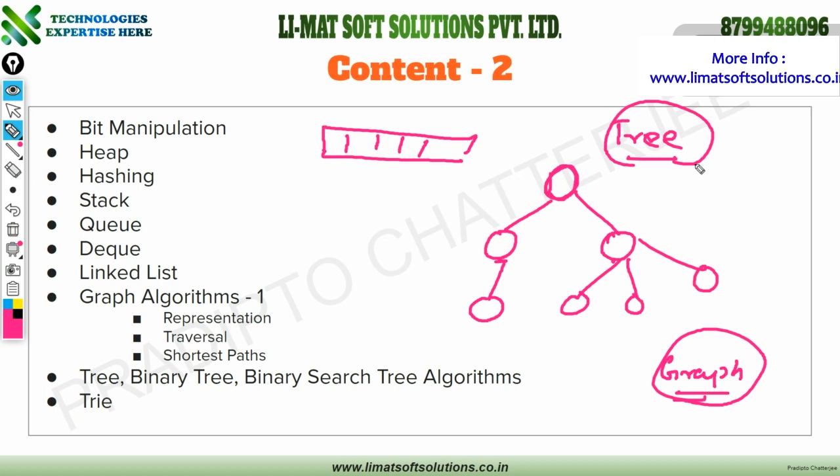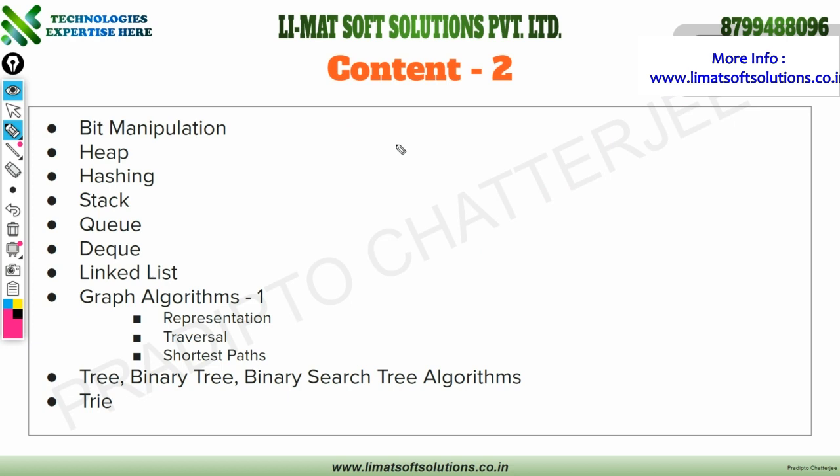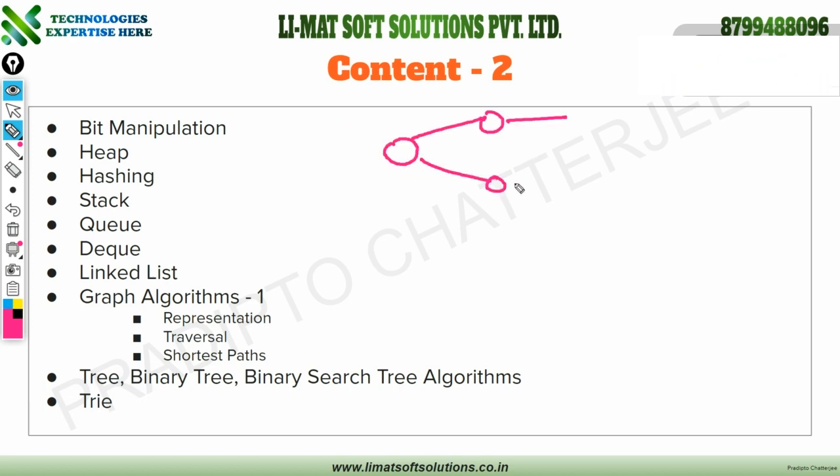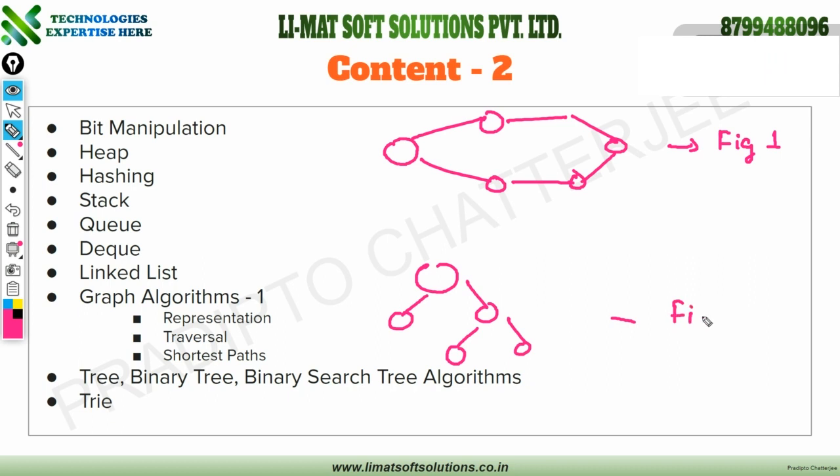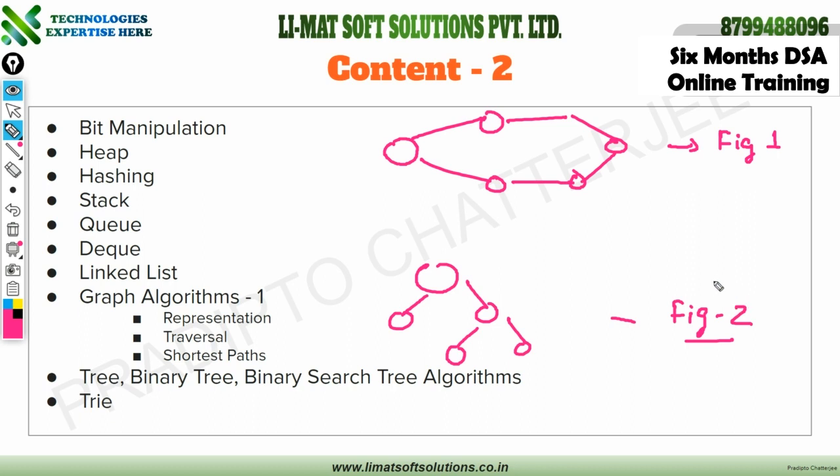Let me tell you once again, because there are interview questions like this. I have seen interview questions like this: this is figure 1 and this is figure 2. An interviewer will ask you which one, figure 1 or figure 2, is a graph and which one is a tree.